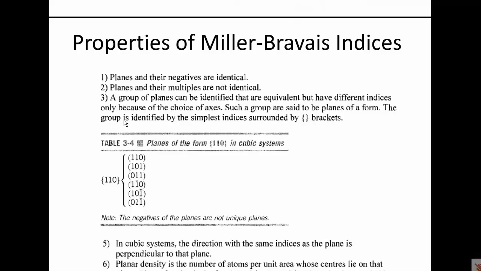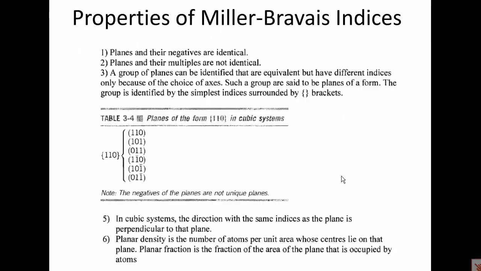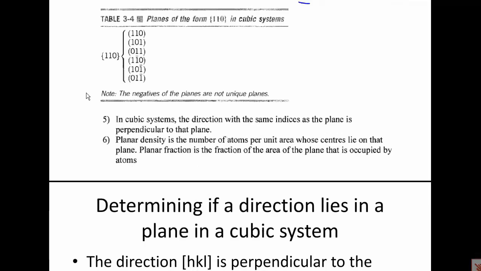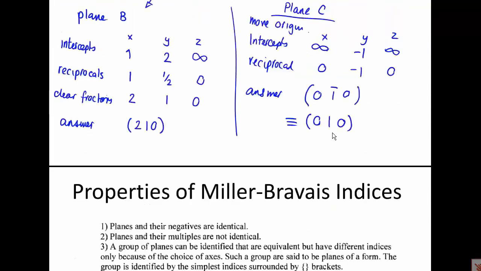A group of planes can be identified as equivalent but have different indices only because of the choice of axes. Such a group are said to be planes of a form. Planes of a form are identified by curly brackets. In cubic systems, the direction with the same indices as the plane is perpendicular to that plane.